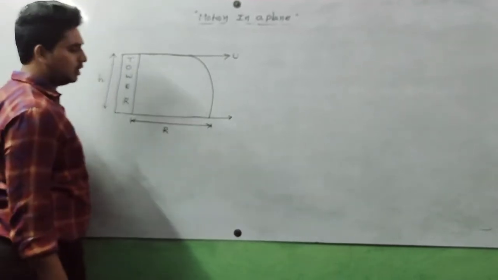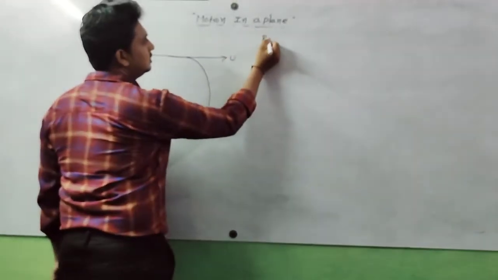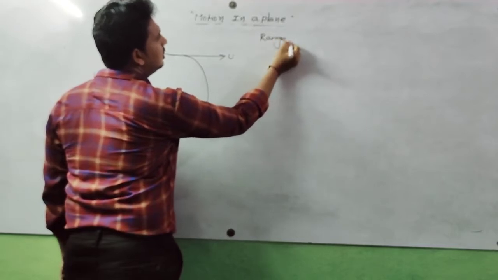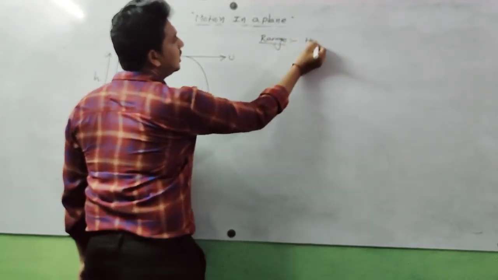This is called foot of tower 2. Range means horizontal distance.